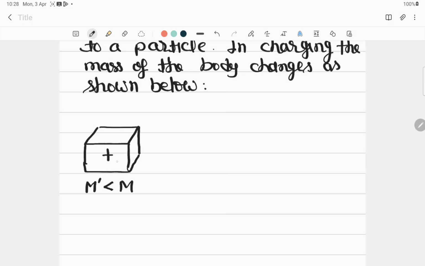Positively charged means loss of electrons, so its mass decreases, so m prime is less than m.